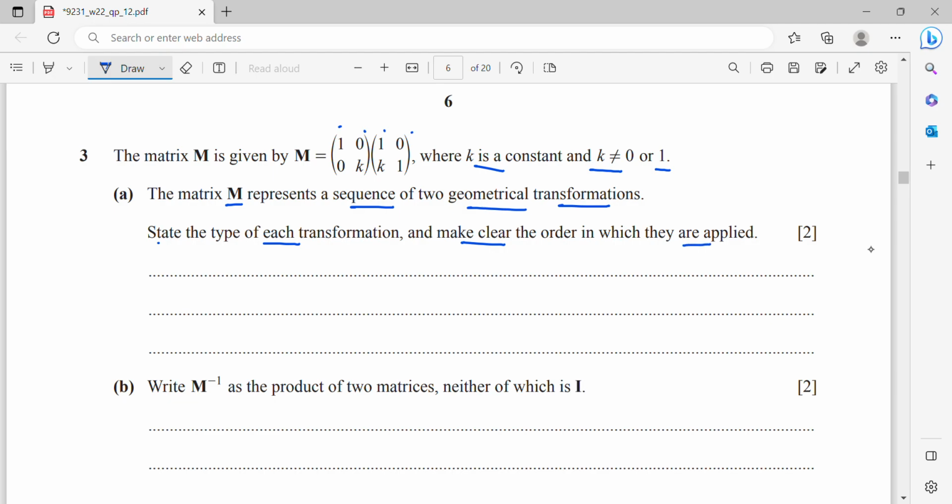For your information, if there are two geometrical transformations, the first one is the matrix at the back.